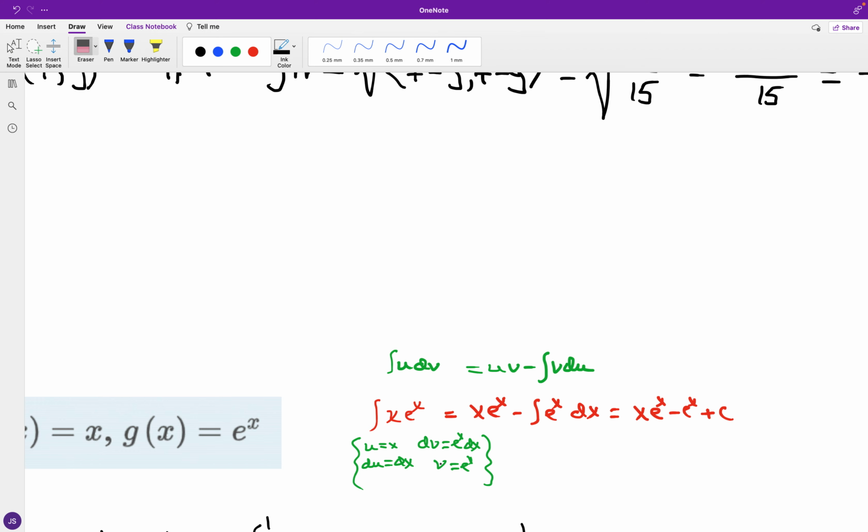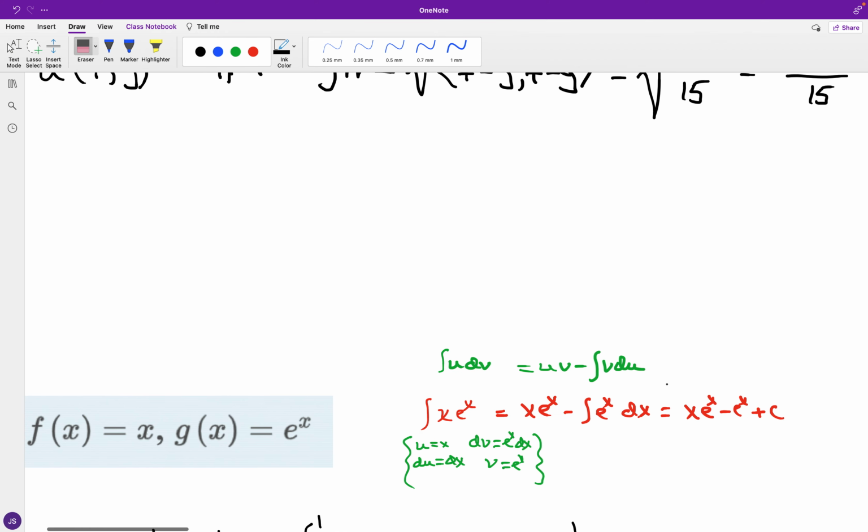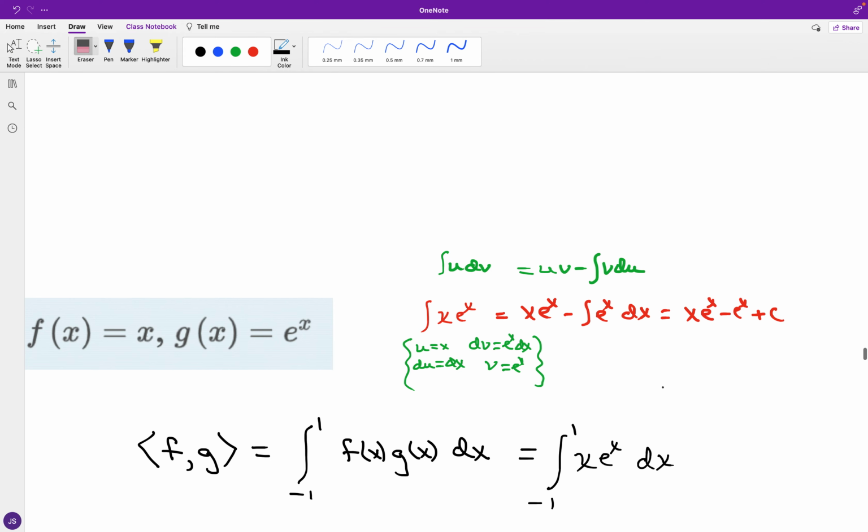So for u times v, we have x times e to the x, and minus the integral of v du, we have subtracting the integral of e to the x dx. So again, we have x e to the x minus e to the x, followed by the constant for this general integral.